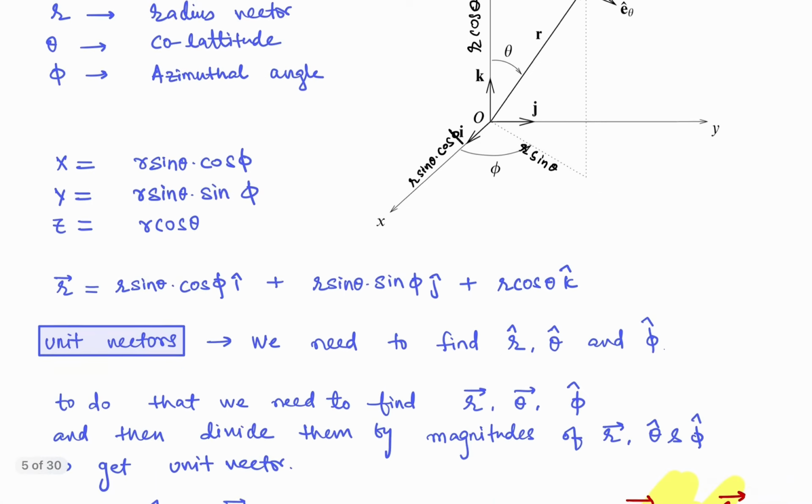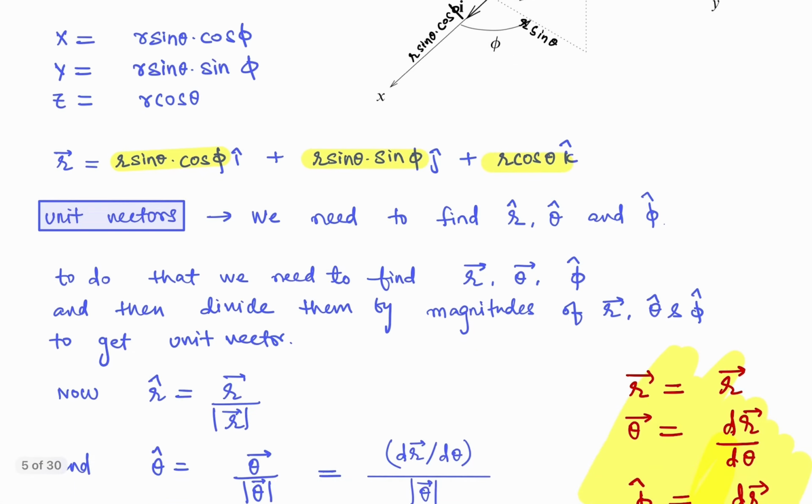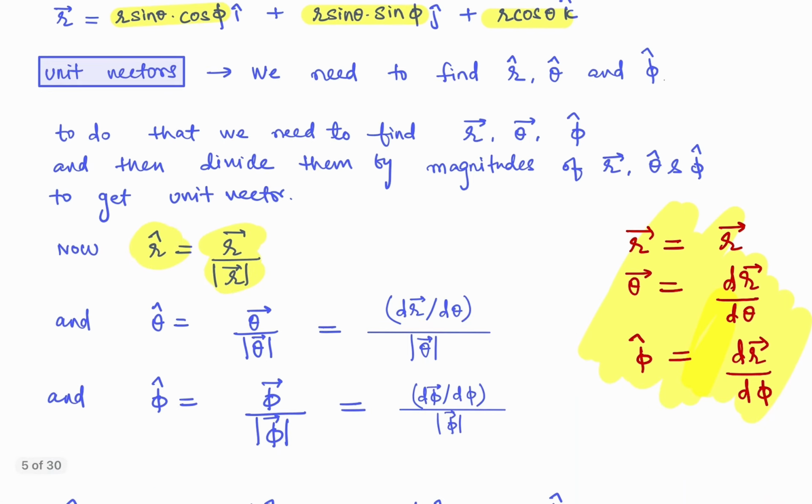Now again we need to find the unit vectors r, theta, and psi cap. For that we first need the vector r. Vector r is x i cap plus y j cap plus z k cap. Once you find vector r, you divide it by its magnitude to get the unit vector r.